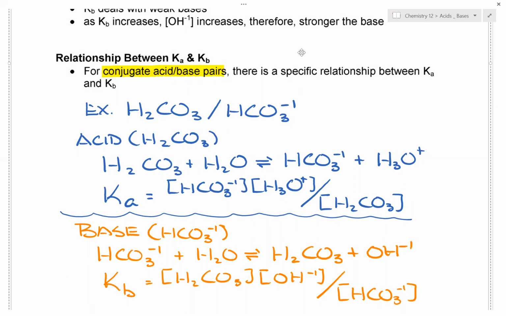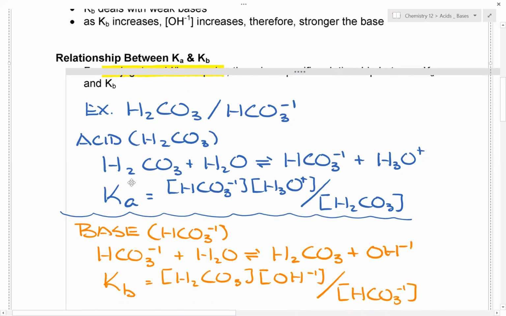Now, H2CO3 is found on the left-hand side of the table, so it tends to be a weak acid, as illustrated by the equation in blue. HCO3- tends to be a base, as illustrated by the equation highlighted in orange. They each have their own equilibrium expressions. You have Ka and you have Kb.